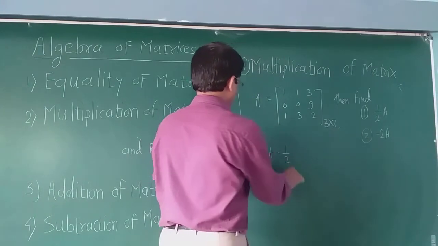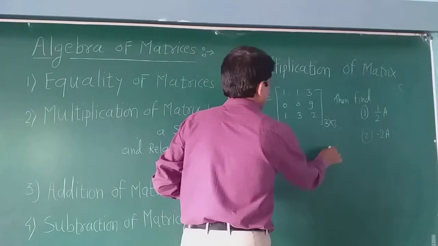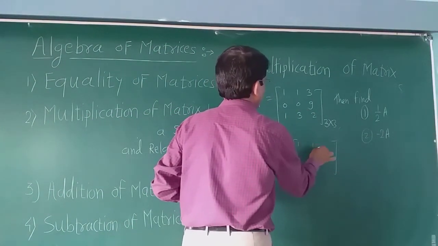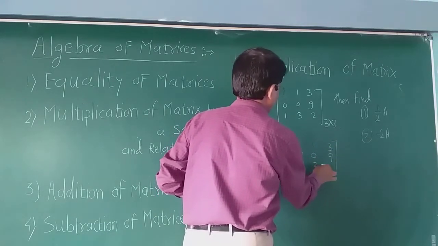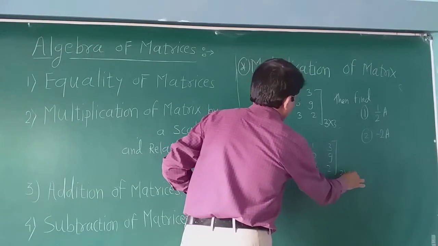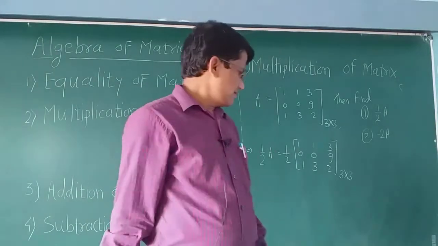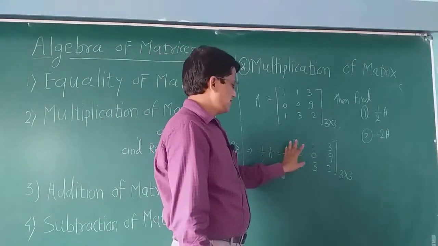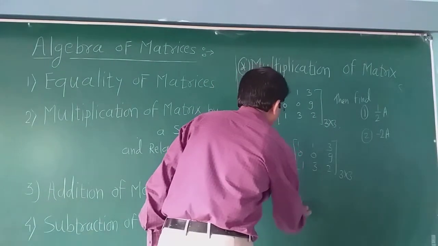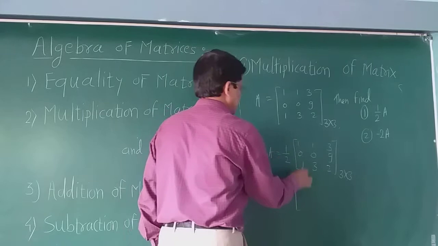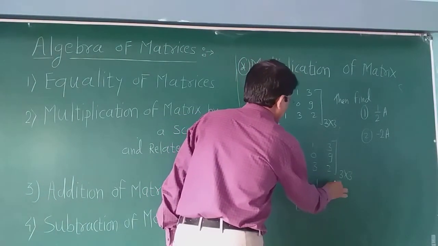So keep 1 upon 2 as it is. A means this matrix, order 3 by 3. According to our rule, multiply this half with each element and we will get our answer. First row: 1 upon 2, 1 upon 2, 3 by 2.